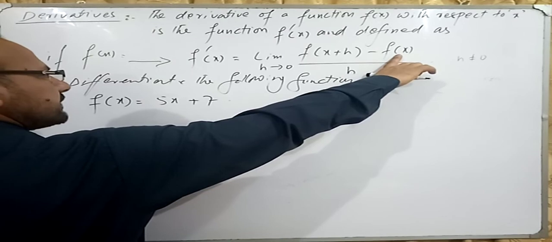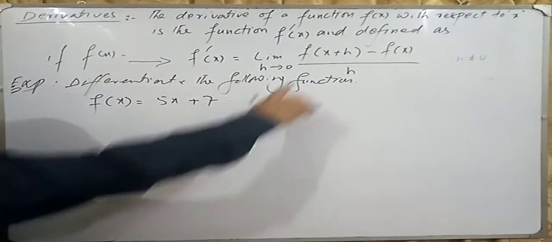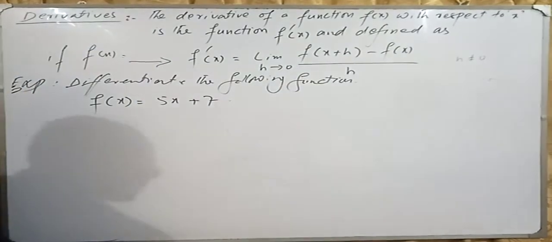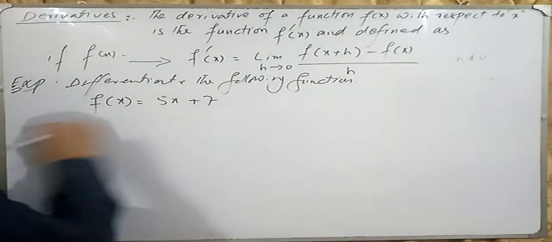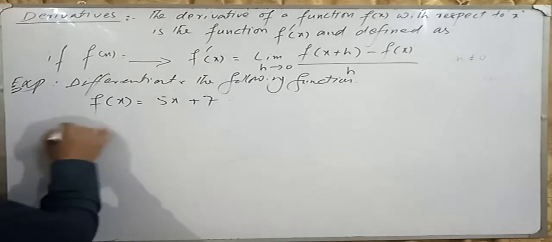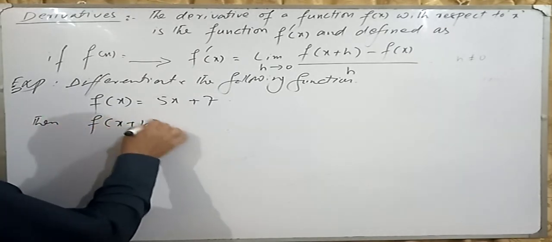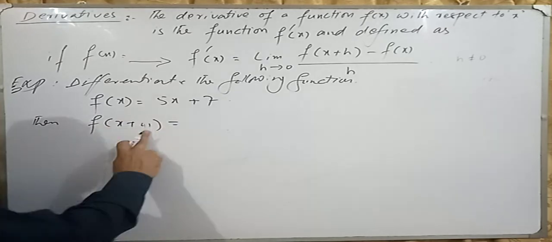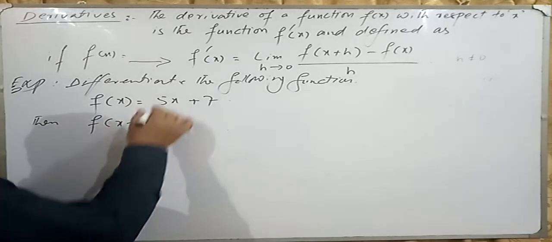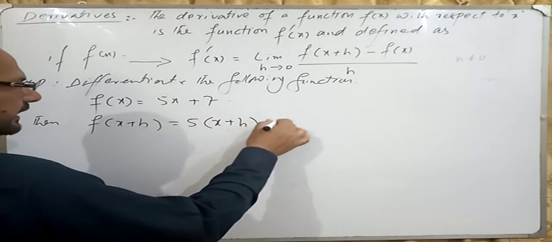So here we have f of x, so we will put this value here instead of f of x. But we need f of x plus h, so we have to make some changes. f of x plus h equals 5 into x plus h, and plus 7.